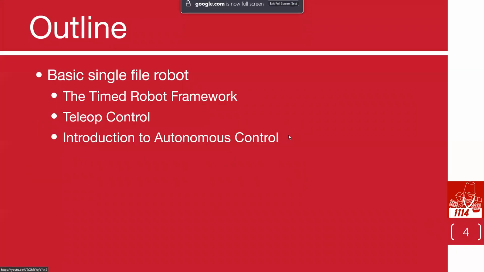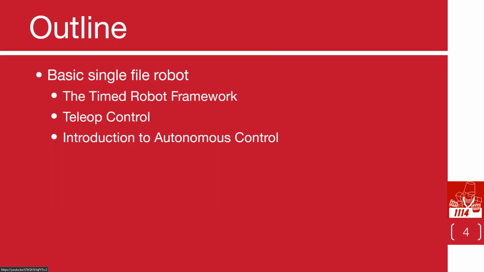All right, so going over basically the basic way to program a robot, which is to keep all the code in one file and to use the TimedRobot framework. And I find this is really easy for teams that are just starting out. You can use the joysticks, tell your motors what to do.